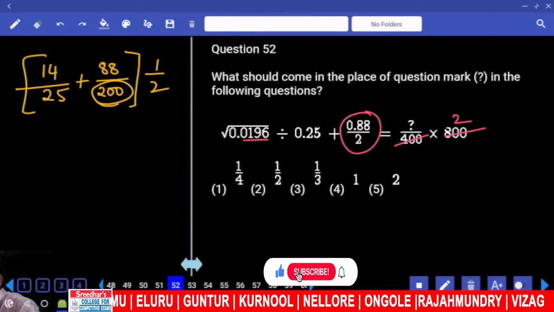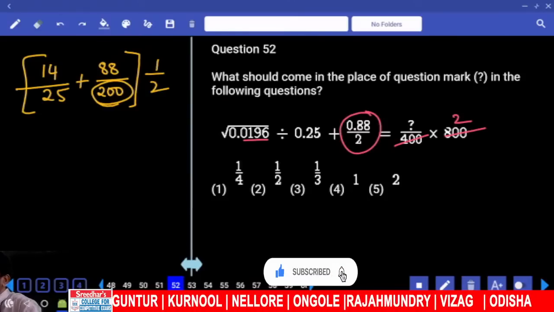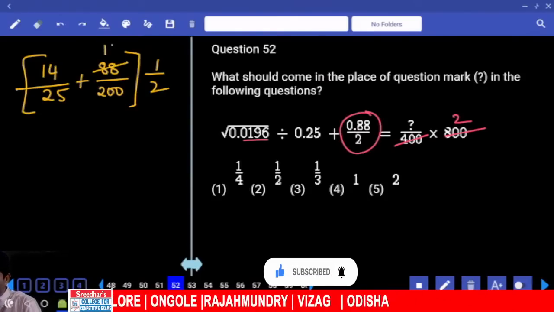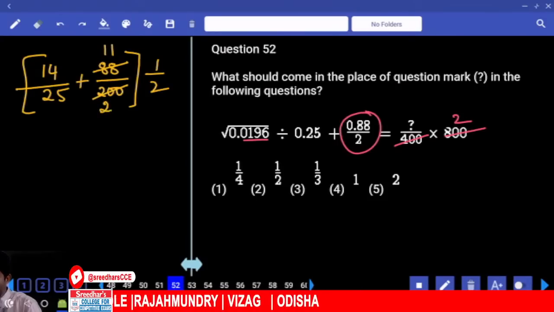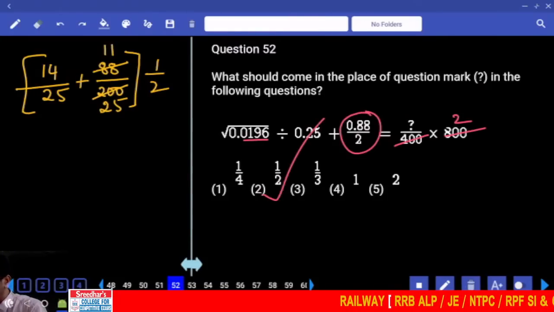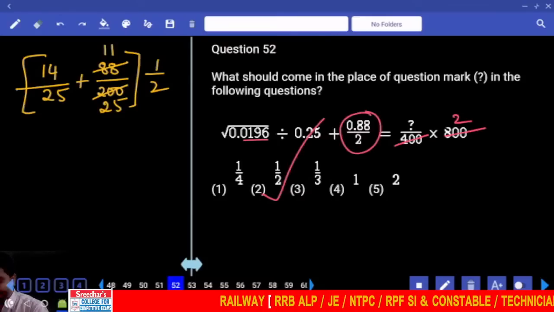To get 25 out of 200, with what number are we supposed to go for cancellation? 8. 8 how many times? 11. 8, 25. Left hand side, numbers inside the bracket: 14 by 25 plus 11 by 25. 1 into 1 by 2. 1 by 2. Second option. Clear?